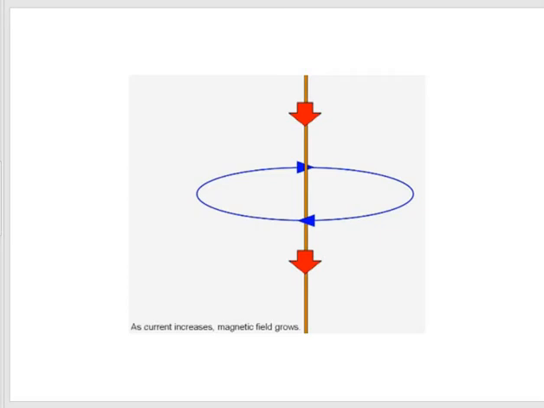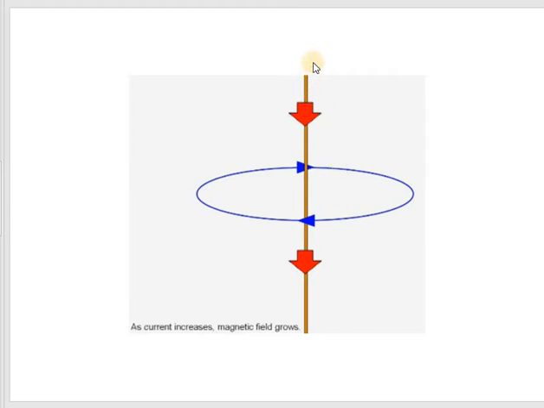As current travels through a wire, it creates a magnetic field around it along the axis of the loop. The direction of the field inside this loop can be found by curling your right hand fingers. The thumb points in the direction of the magnetic field.